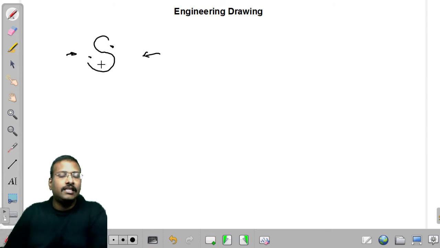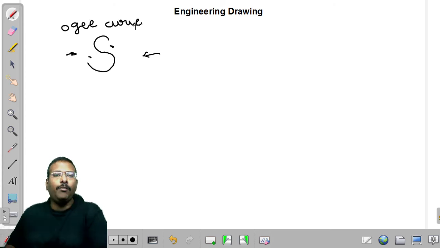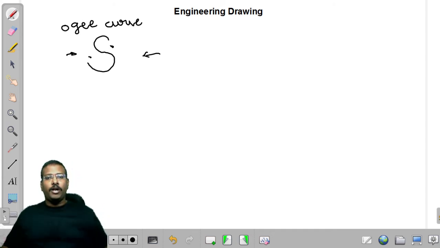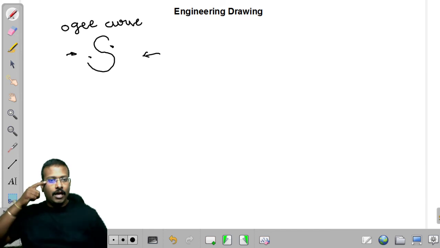So for an object, if both the shapes, convex and concave, are present, then it is considered as a Voge curve. You can observe this in many places. Even in the human body, here this is a concave shape and here it is a convex shape. If you consider the chin from the lip, here it is convex and here it is concave, and here also you can observe concave and convex.